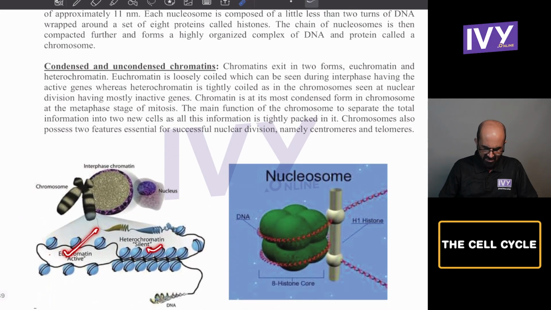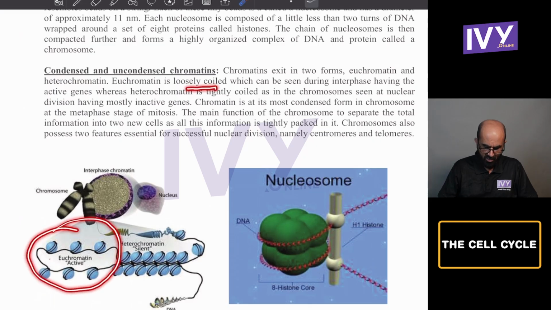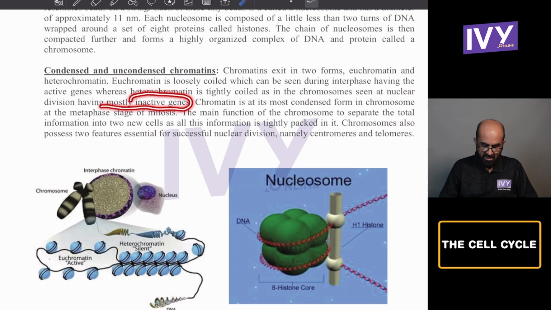Chromatin exists in two forms, euchromatin and heterochromatin. Euchromatin is loosely coiled, which can be seen during interphase, having the active genes, whereas heterochromatin is tightly coiled, as in the chromosome seen at nuclear division, having mostly inactive regions.